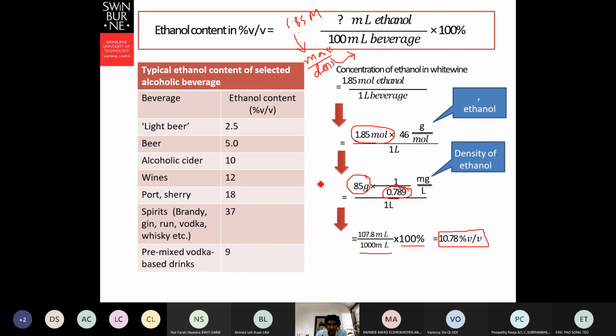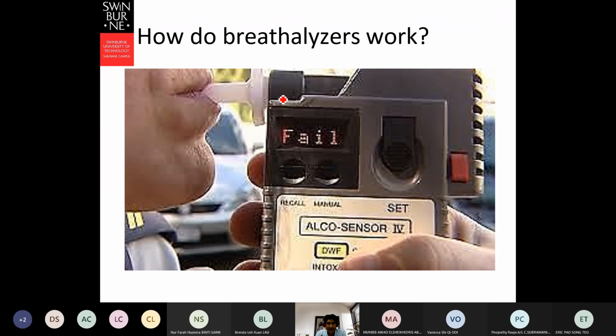The density is not given here, but we can find it online or from any other books. And from there, it is in 1 liter of beverage, right? So that amount of milliliter in 1 liter of beverage times 100%. So we find the volume by volume percentage.